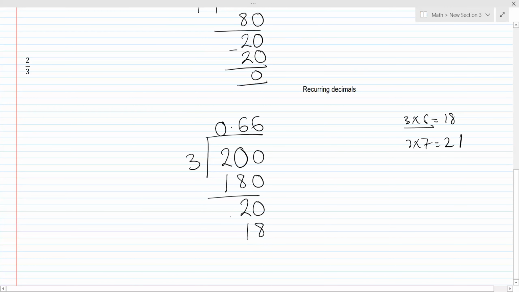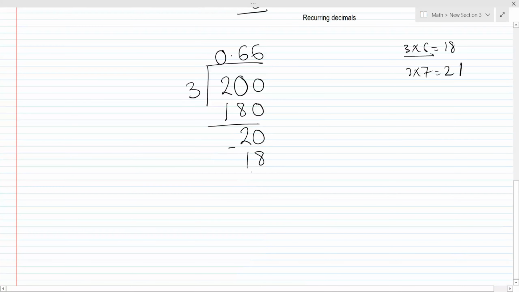Now 20 minus 18 again is 2. Can 3 go into 2? No. So we add a 0 here, a 0 here, and we're also going to get 20.